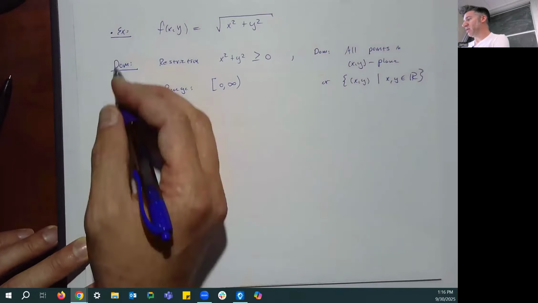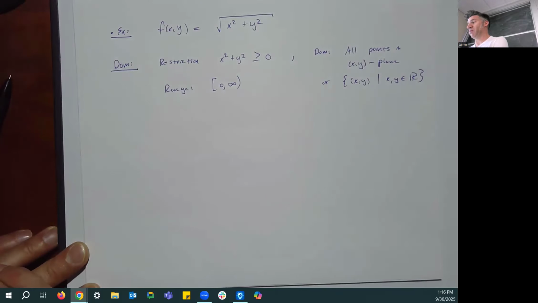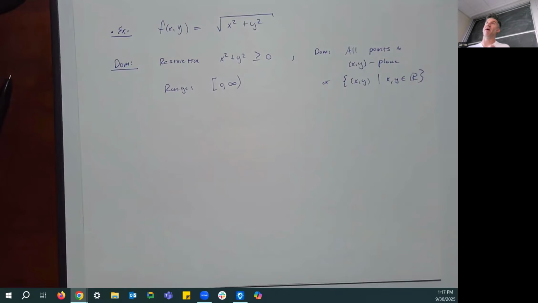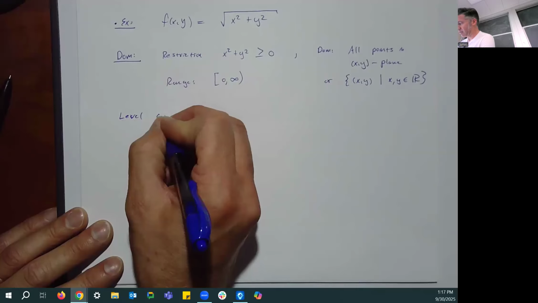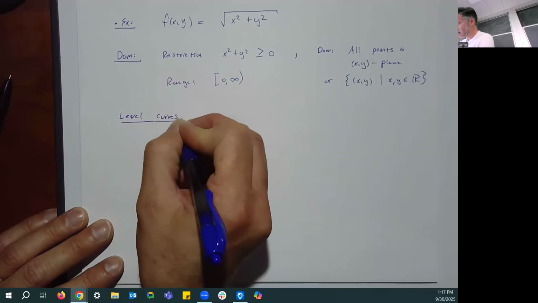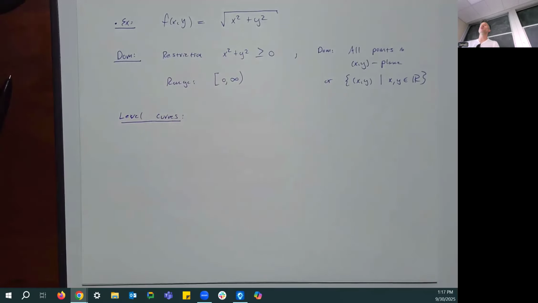The only difference here between this example and the previous one is what our level curves look like, how they're spaced. So let's look at some level curves. And in this example, unlike my previous example, we should do the thing I said before, meaning we should just set it equal to C and try to solve it in a way that makes sense.